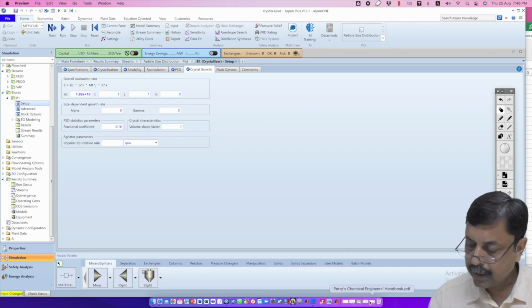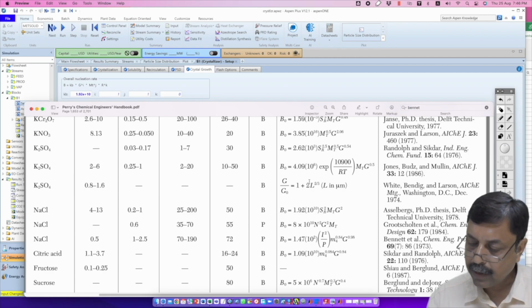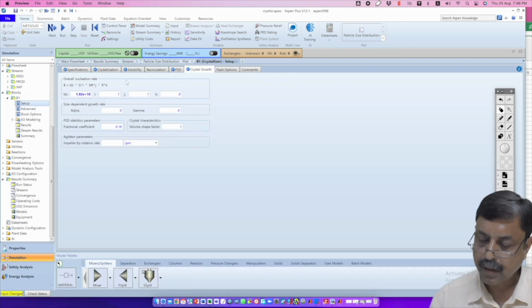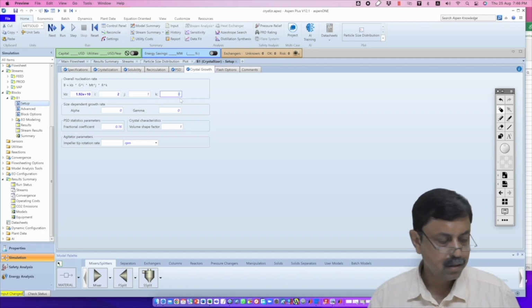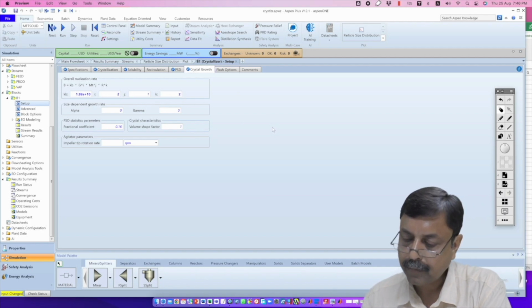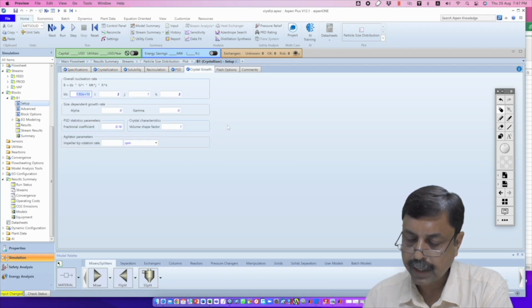And then IJK, I will be 2, J will be 1, and K will be 2. So 2, 1, 2. So this time we are not using the user specified PSD, but we are using PSD from growth kinetics.